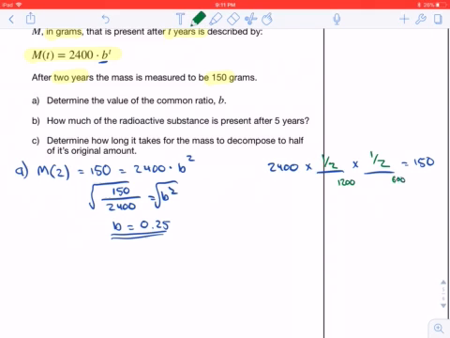So a half doesn't work. But if I tried a quarter, multiplying 2400 by a quarter once, I get 600, and then by a quarter again, I get 150. And so that works as my base value.